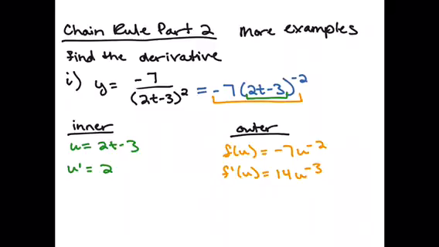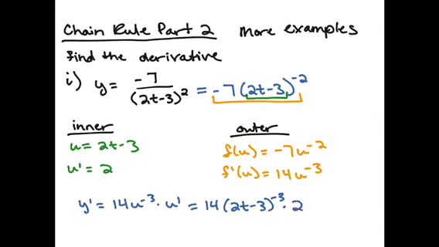So the derivative of our entire function then is 14u to the -3 times u prime, which becomes 14 times (2t minus 3) to the -3 times 2, which we'll write as 28 times (2t minus 3) to the -3, which is a perfectly good answer, but if I wanted to write it as a fraction, so I don't have any negative exponents, it would be 28 over (2t minus 3) cubed.